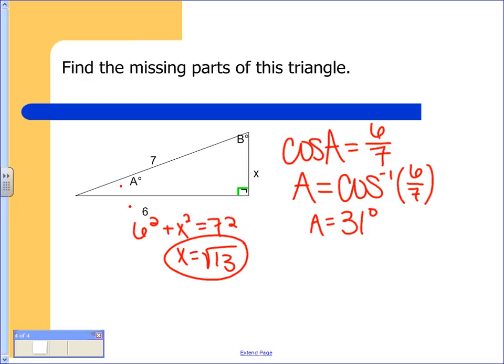Did you do cosine inverse? Cosine inverse of 6 over 7 is 31 degrees. Y'all see how to get the 31?